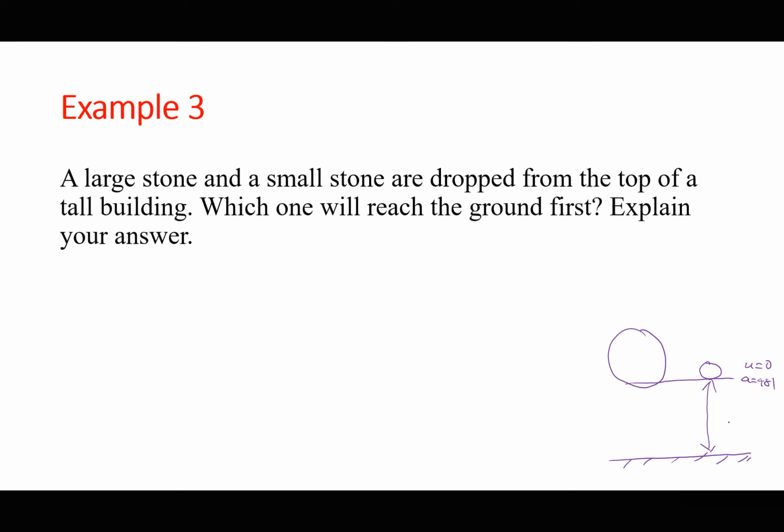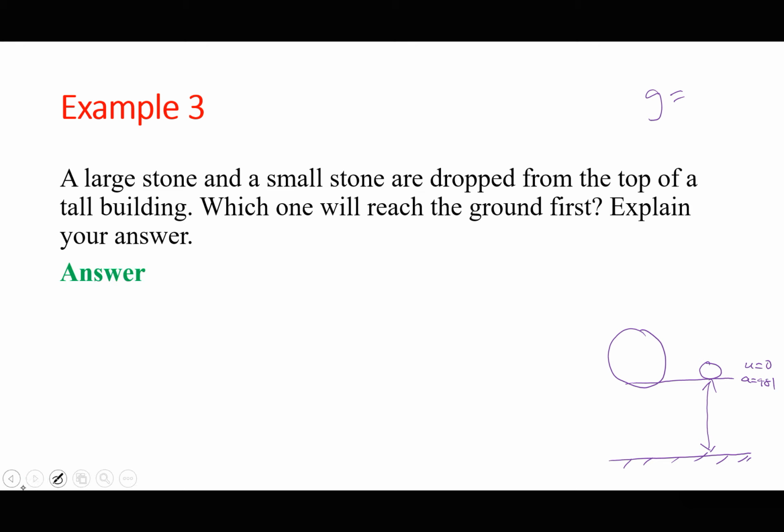So if there is no air resistance, the value of g is constant. It doesn't depend on the mass of each of them. So a small stone and a big stone will arrive at the same time if there is no air resistance, because their acceleration is not dependent on their masses.